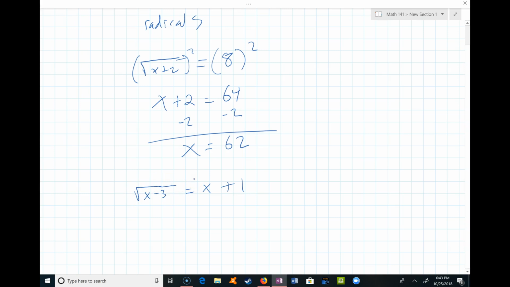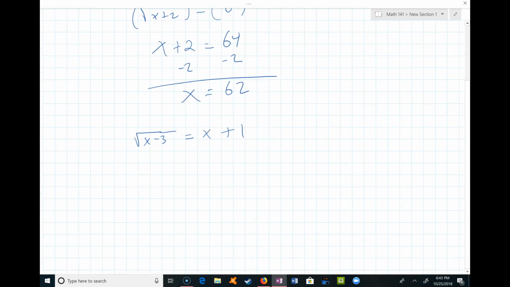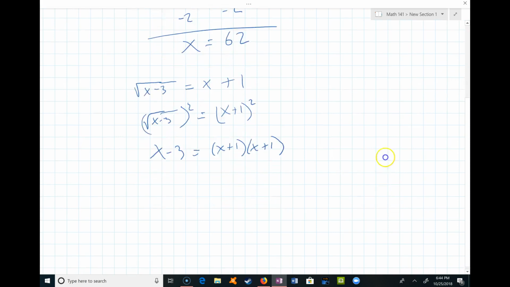So I begin once again by squaring both sides. So that's going to be the square root of x minus 3 squared, and over here I have x plus 1 squared. Of course, the square root of x minus 3 squared would give me just x minus 3. And be careful over here. Remember that x plus 1 squared means x plus 1 times x plus 1.